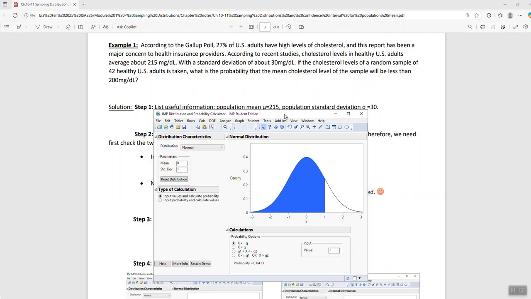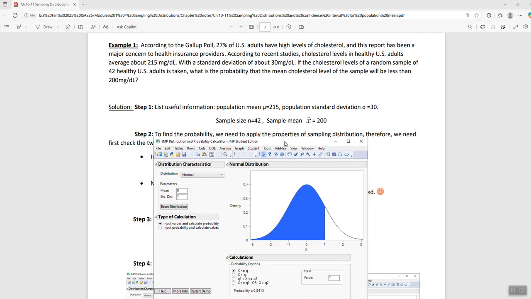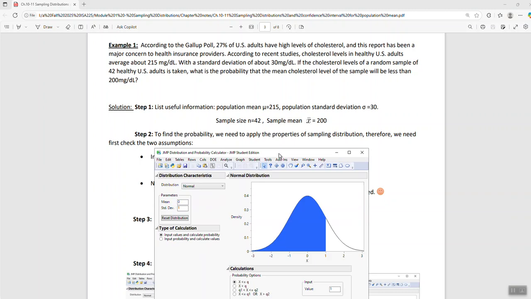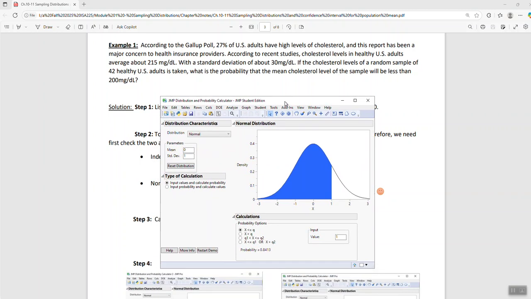Based on our example, what we are looking for is the probability that the mean cholesterol level of the sample will be less than 200 milligrams per dL. So in this case, we are looking for the probability to the left of our z.